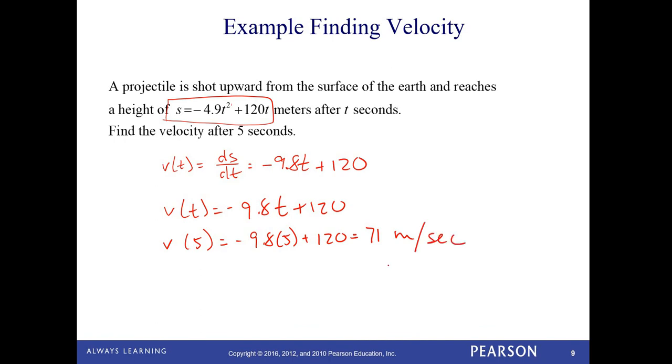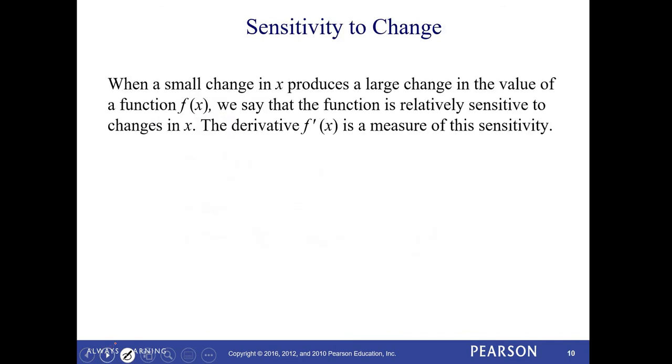Okay? All right, so again, sensitivity to change. When a small change in x produces a large change in the value of the function. In other words, if I'm going from here to here, and that's a small change in x, if I get a large change in the function value, we say that the function is relatively sensitive to changes in x.